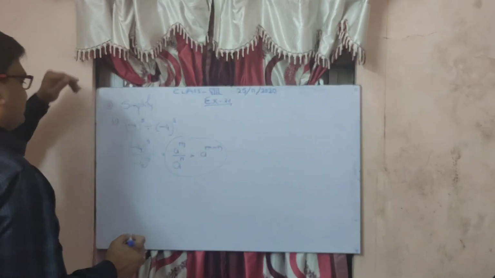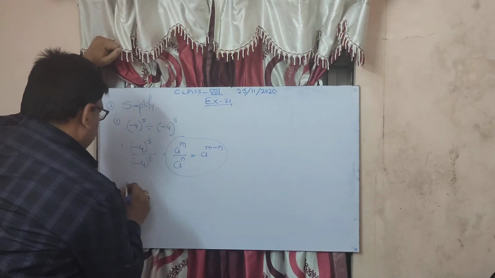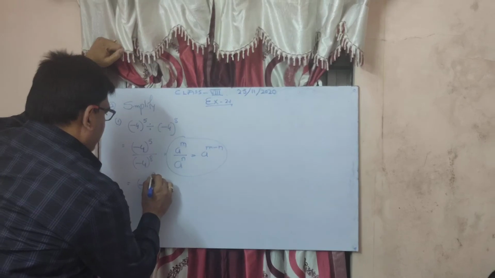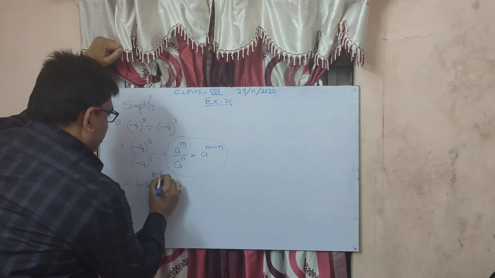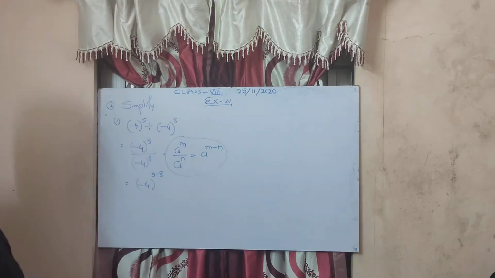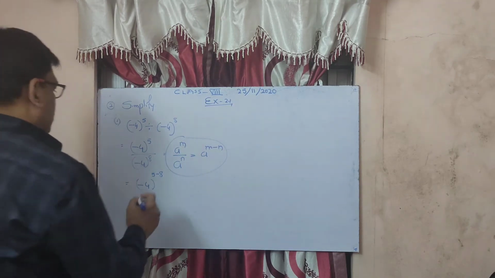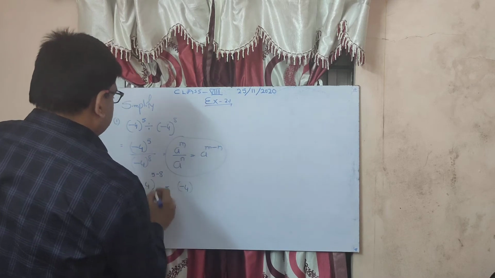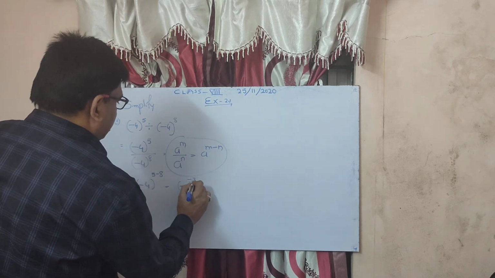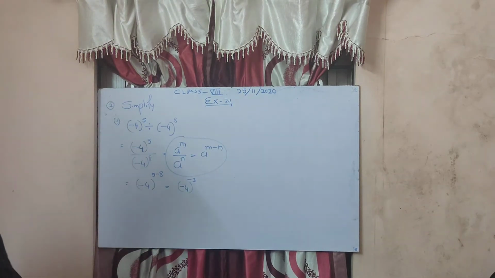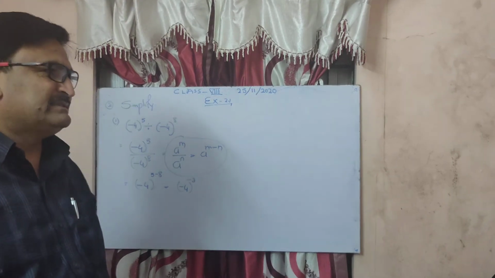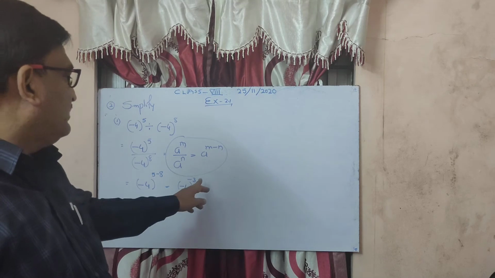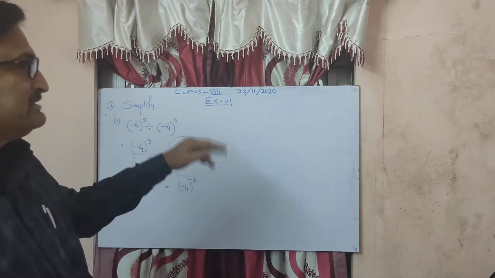Now according to this, so minus 4 to the power 5 minus 8. So what is the answer? Minus 4. 5 minus 8 is how much? Minus 3. But what is required? You have to write the power in the form of positive.